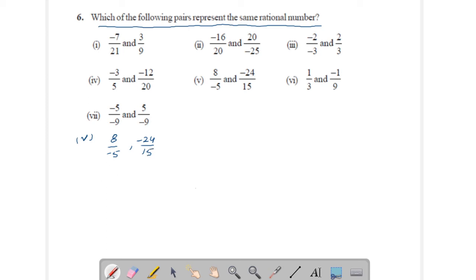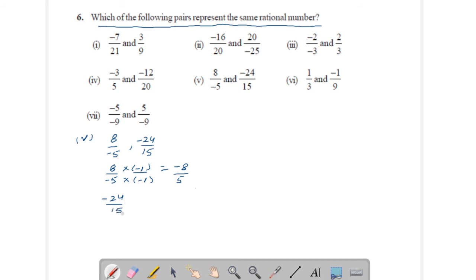Here take 8 upon minus 5, multiply numerator and denominator by minus 1. We will get minus 8 upon 5. Take the second rational number, that is minus 24 upon 15.